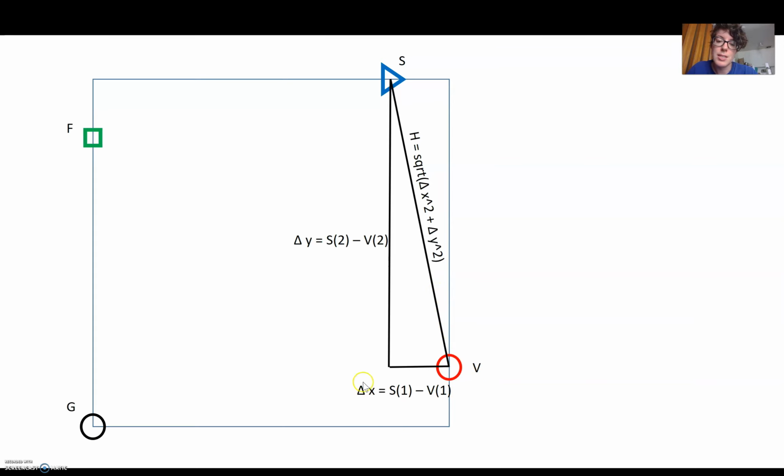So right now in this picture, that's going to be a negative number, which is correct because we want V to go towards the left in the X direction. And H is going to be the square root of dx squared plus dy squared. And we'll change the location of V similar to how we change the location of S.